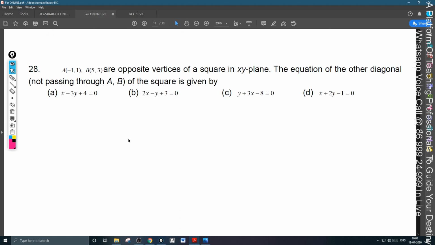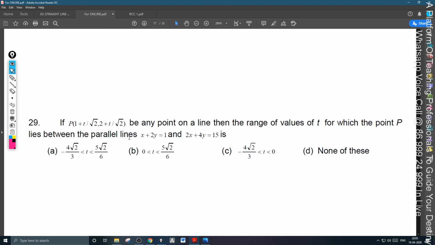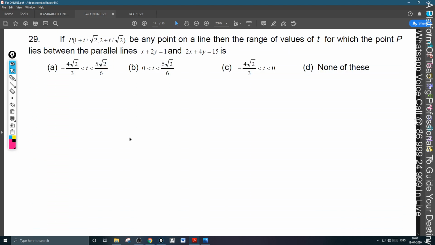This is this one. 29, please. Please see that.